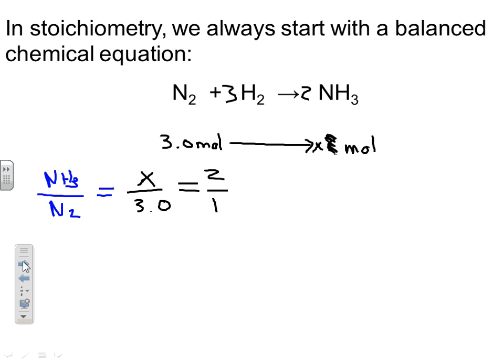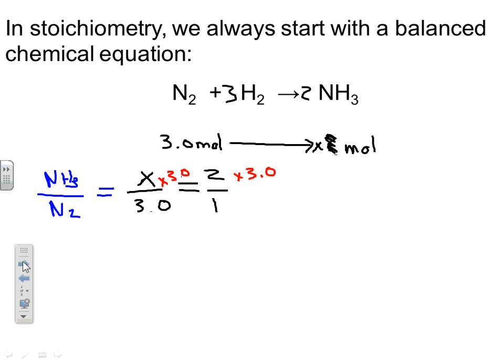That's correct. Now, there's two ways of thinking about this. Mathematically speaking, we need to get rid of this 3. So we're going to multiply the top times 3. And then we'll do the same over here, times 3. Because in mathematics, what you do to one side, you have to do to the other side.